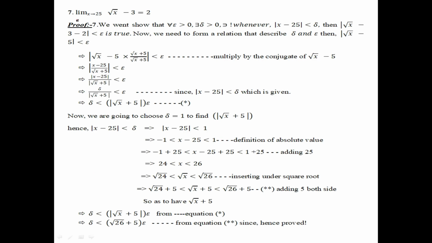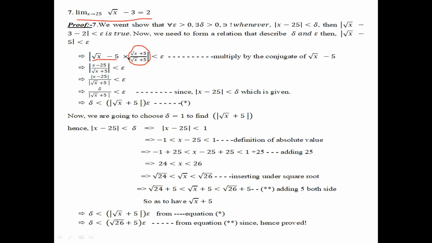Again, example 7. The same is true as I have proven for the above examples, substituting the value. But here, after substituting the value of f of x and rearranging, it is minus 5. So I have multiplied by the reciprocal, rationalizing.